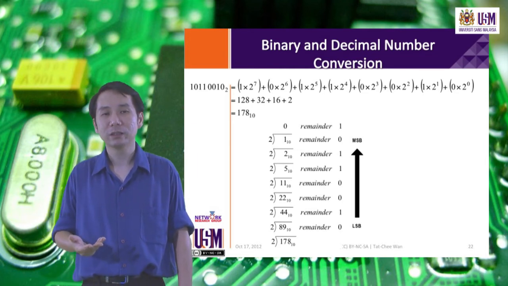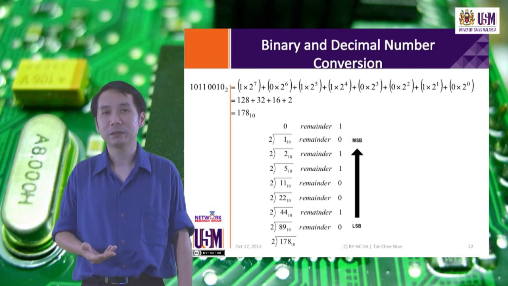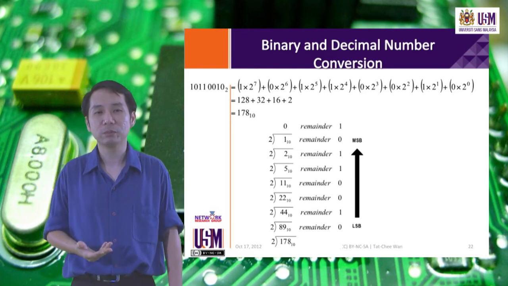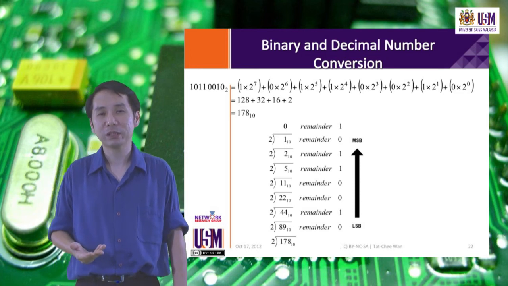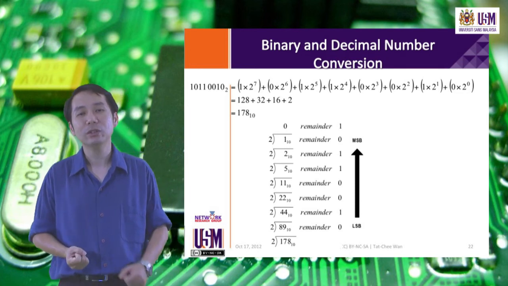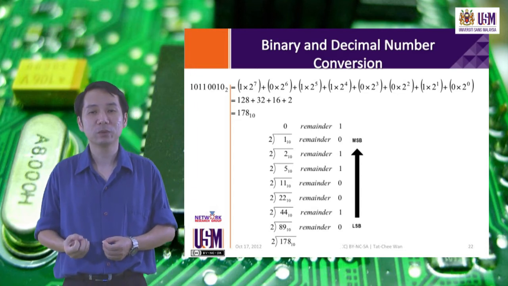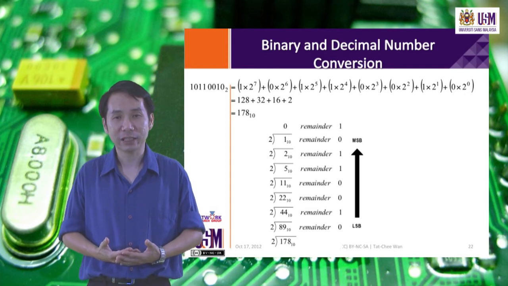The first one on the leftmost side of the number has significance of 7. So it is 1 multiplied by 2 power 7, add 0 multiplied by 2 power 6, add 1 multiplied by 2 power 5, add 1 multiplied by 2 power 4, which forms the first 4 binary digits of the number.